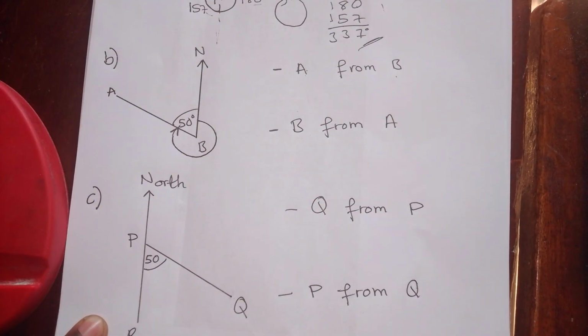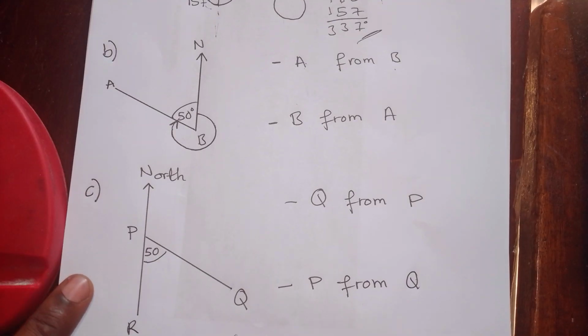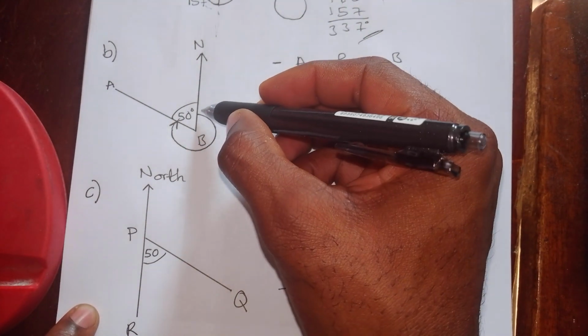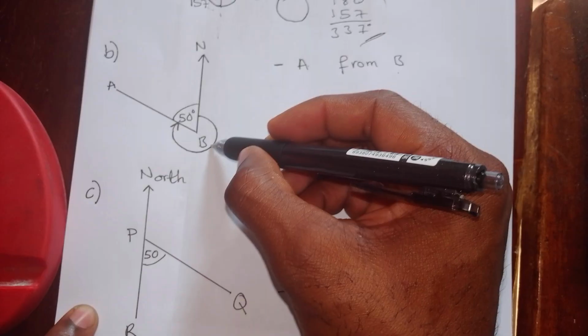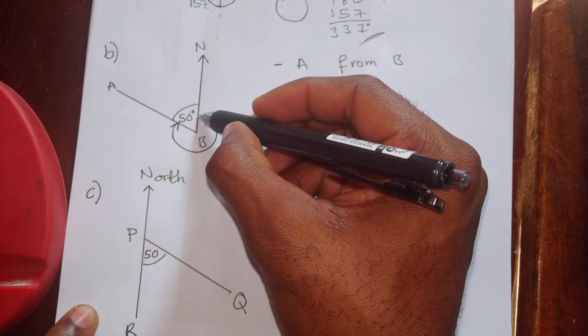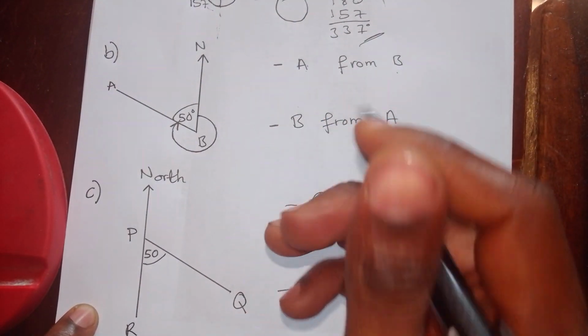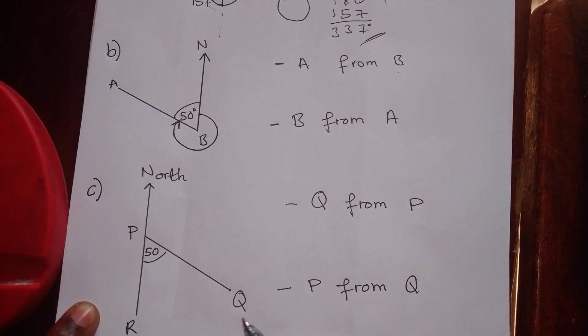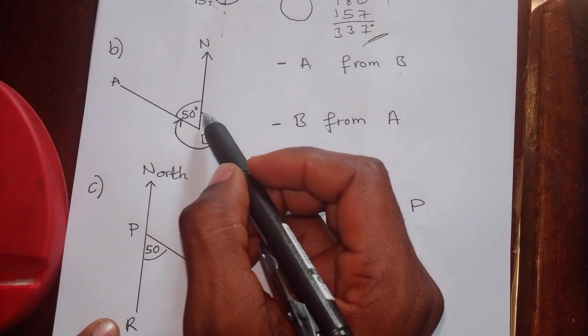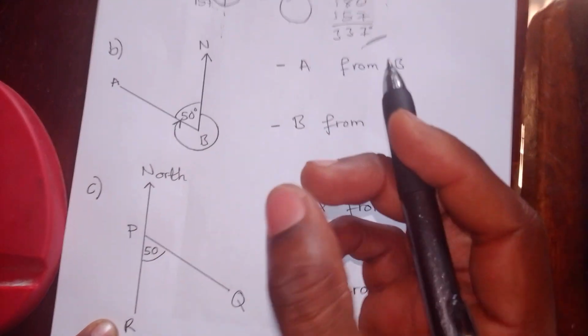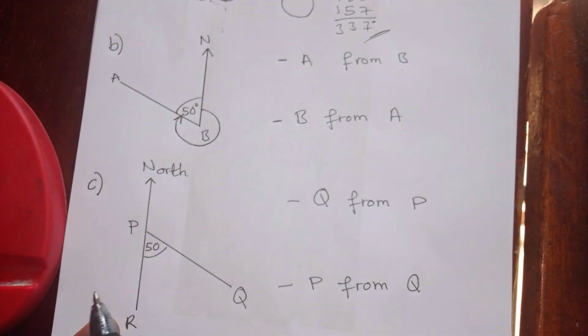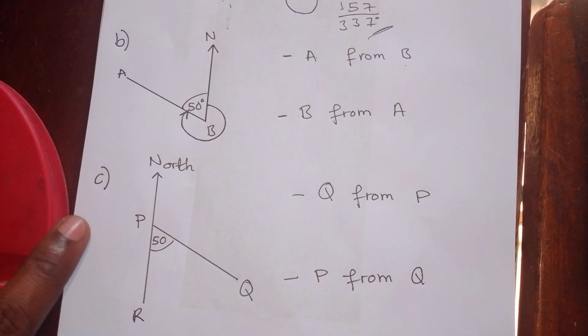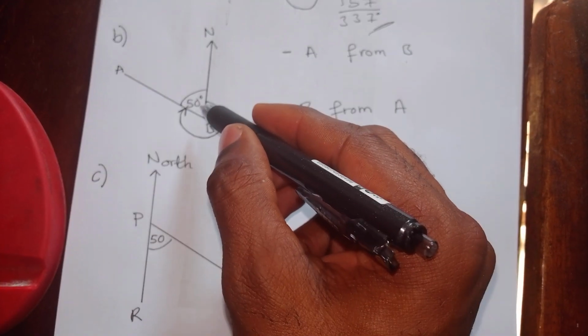To find this angle, you know that if I was to draw an arc from here going all the way to my north line again, that would be 360 degrees, right? So to find this part, all you need to do is remove the 50 from 360. Then what you have remaining is this.